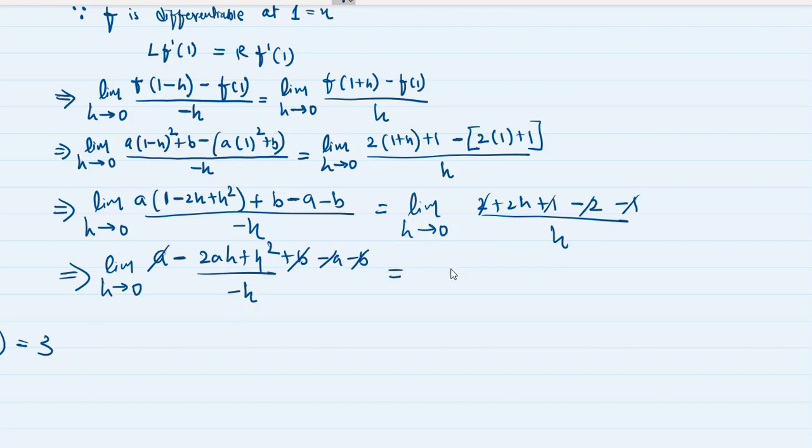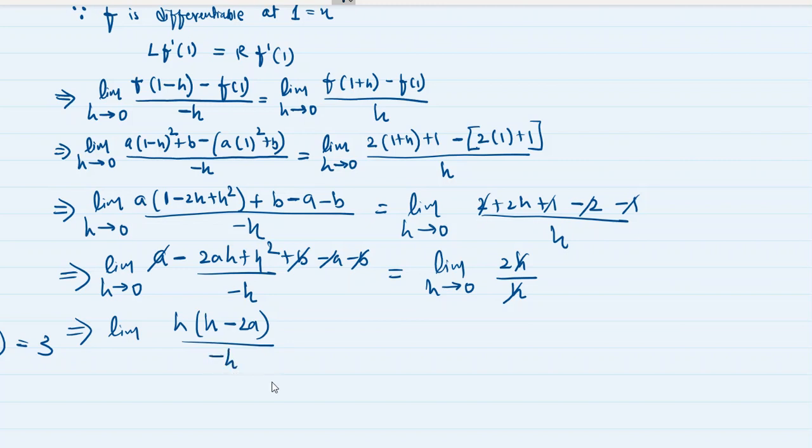So this is equal to the limit when h tends to 0 of 2h by h, which is nothing but 2. So let's figure it out. Let's take h common from the numerator, so this will become h(h − 2a) upon minus h, correct? So yes.